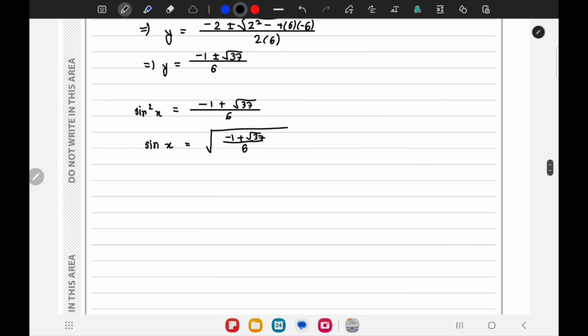So sin x is the square root of that, and taking sine inverse of 0.37, we get 0.90395. So x will be the basic acute angle for this case.